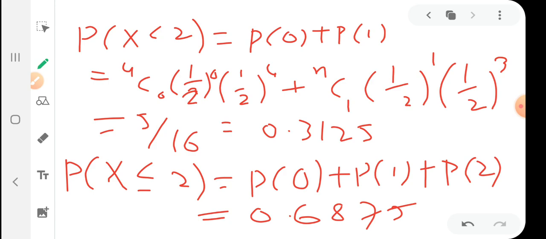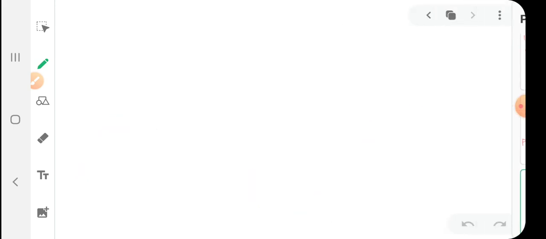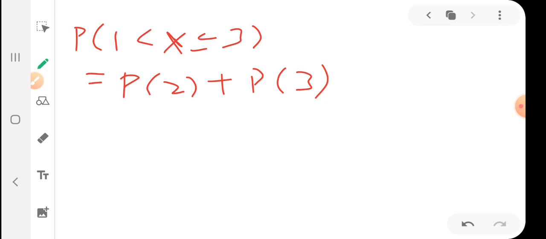Now the last one is P of 1 less than x less than or equal to 3. On one side it is less than or equal to, on one side it is a singleton. P of 1 less than x less than or equal to 3 means here P of 2 plus P of 3. 1 is not included here, see.